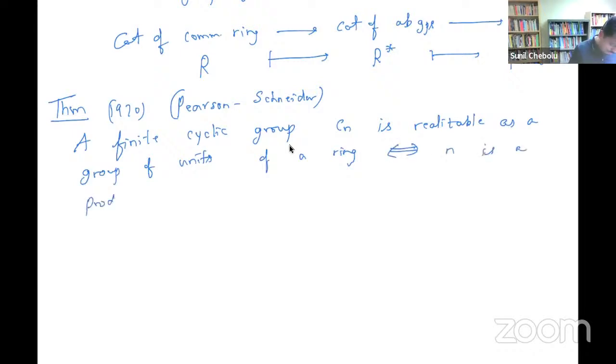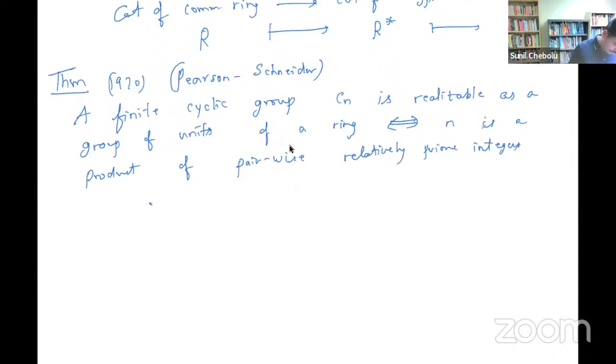If n is a product of pairwise relatively prime integers taken from the following list.